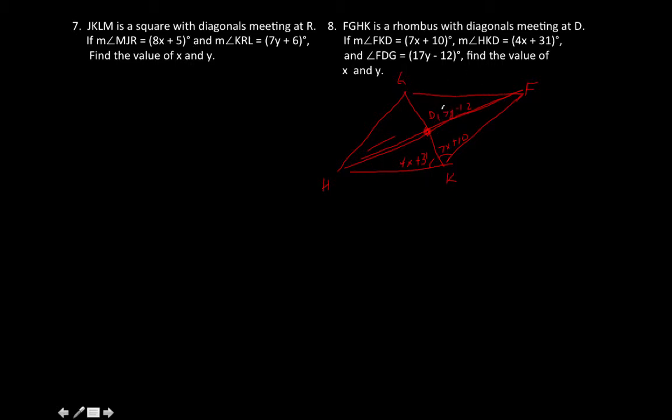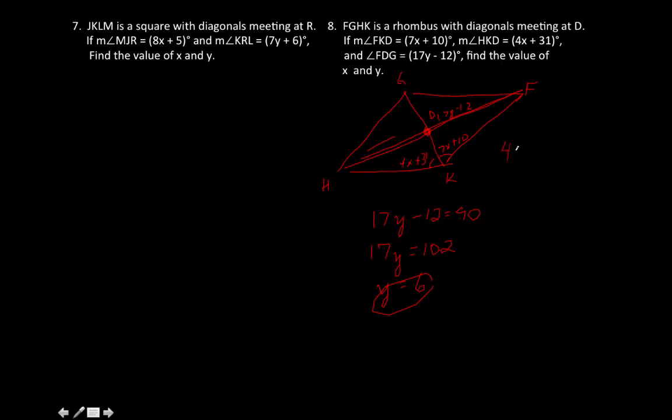So because it's a rhombus, 17y minus 12 is 90. So 17y is 102. So y is, I think, 6. And then these two are the same.